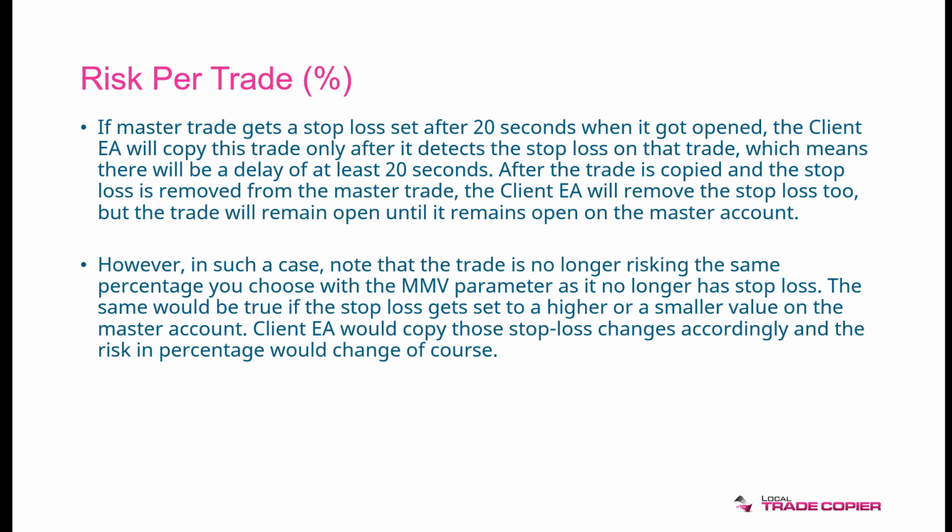So if you choose 5% and the master removes the stop loss later, there's no clear point where the trade will be closed. The same is true if the stop loss gets set to a higher or smaller value on the master account. The client EA would copy those stop loss changes accordingly, so the risk percentage would change as well. If you change or remove the stop loss on the master, this changes the percentage of risk on the client account.